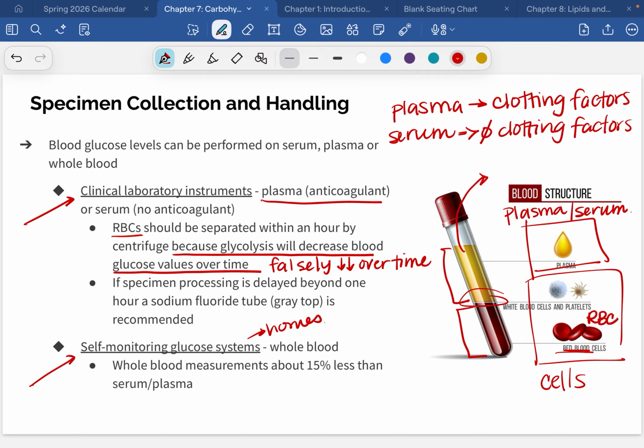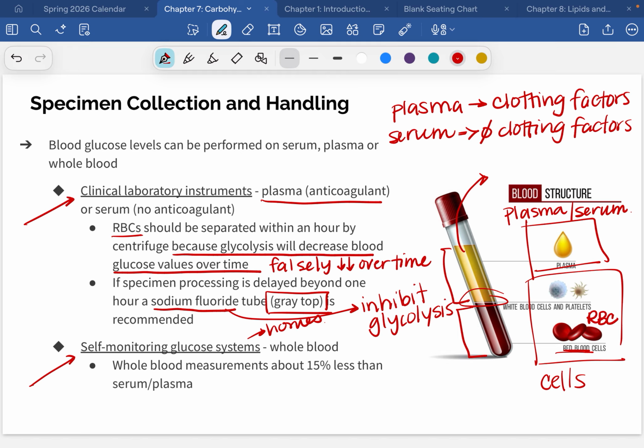So if this is a situation where there is no centrifuge, it's actually required that the specimen is collected in a special type of tube, and it's called a gray top tube, which has something called sodium fluoride in it. And this sodium fluoride is going to inhibit glycolysis.